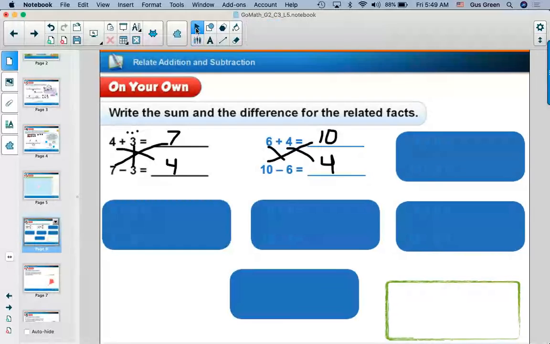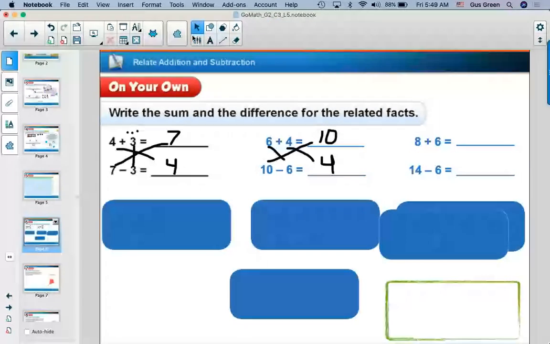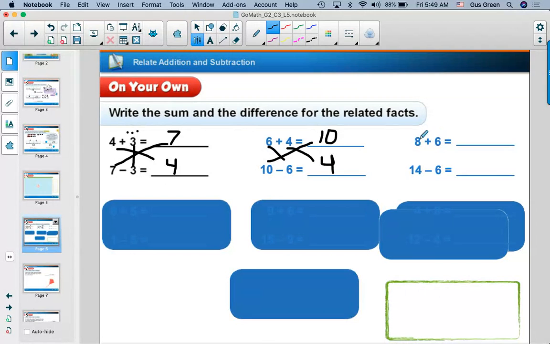And one more, like this. 8 plus 6: 8, 9, 10, 11, 12, 13, 14 is 14. And if we know 8 plus 6 is 14, then 14 minus 6 has to be 8.